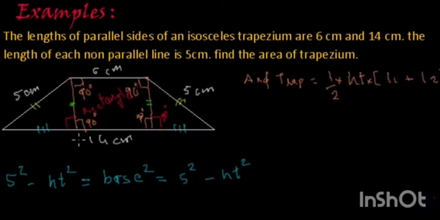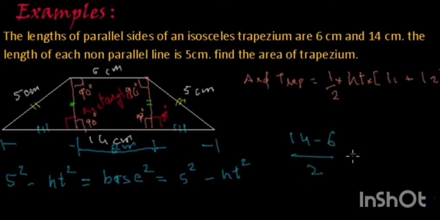See, this much part of this parallel line actually belongs to this rectangle. So if this is 6 centimeters, this much part will also be 6 centimeters. And since both these sides are equal, we can find the length of the base, and it will be 14 minus 6 divided by 2.